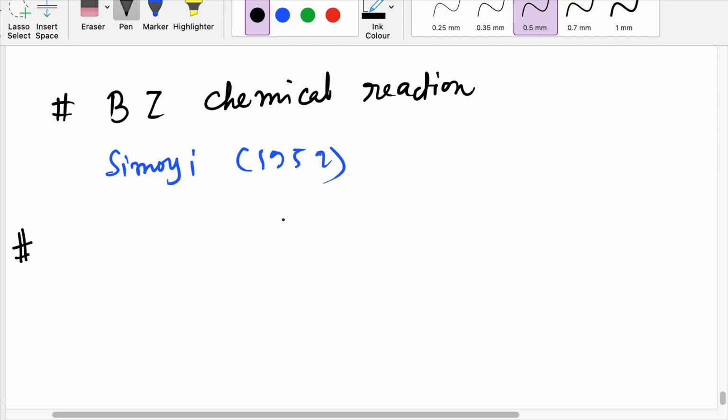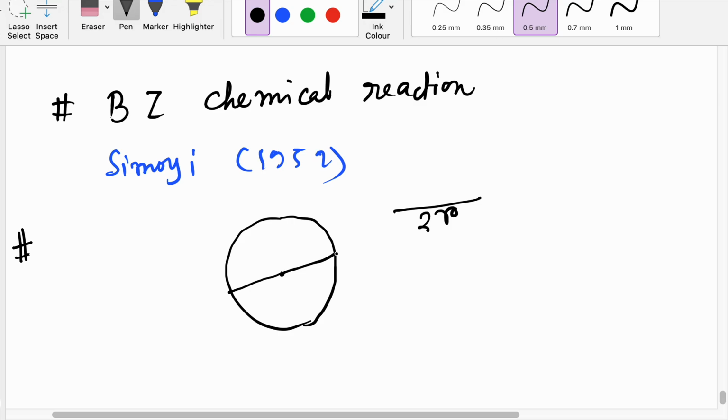If anyone draws a circle, whatever its size, and tries to get the ratio of its circumference to twice the radius, that is s by 2r, it will always equal an irrational number, that is pi.